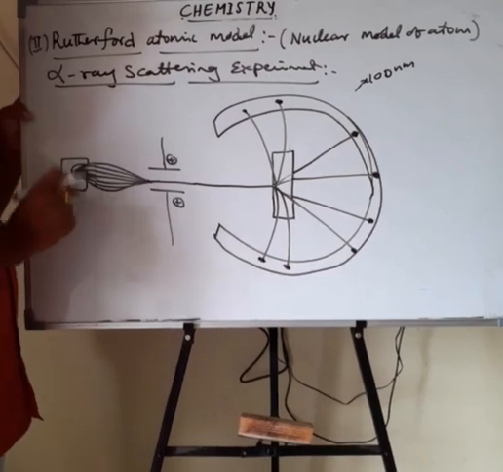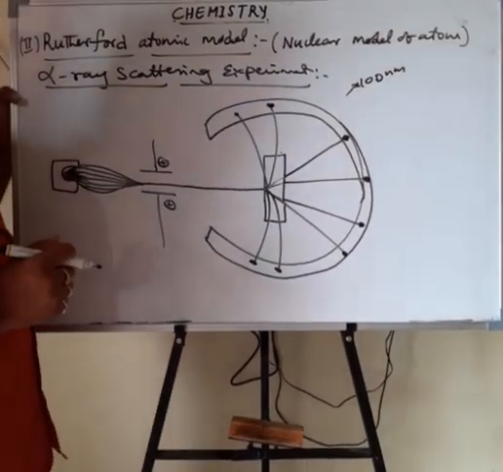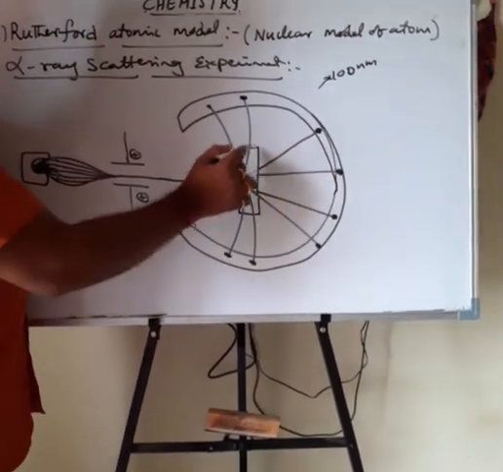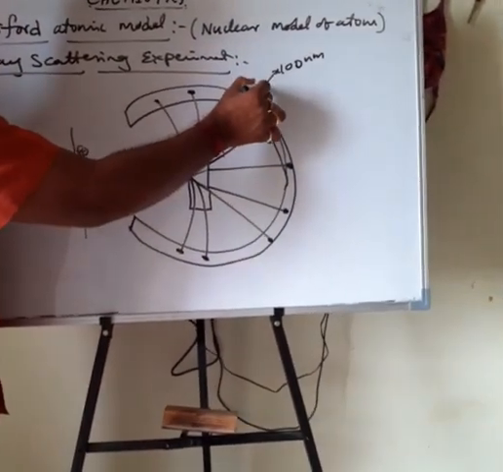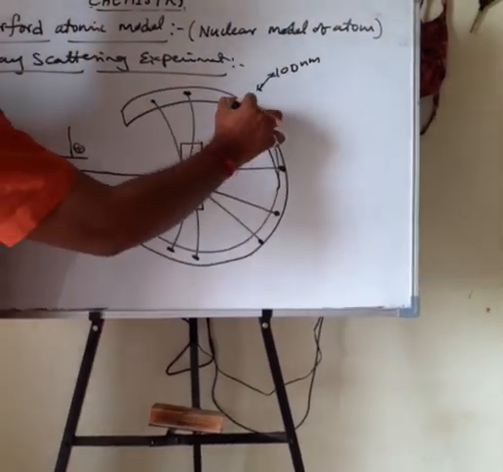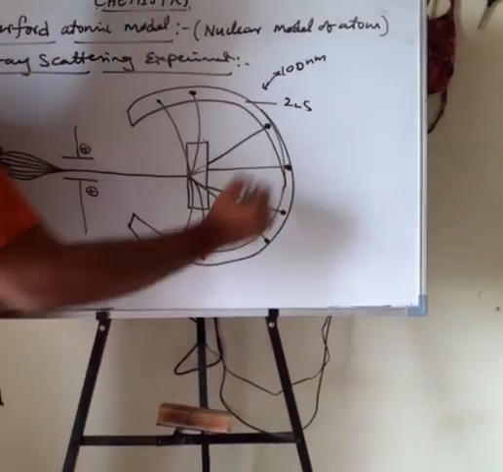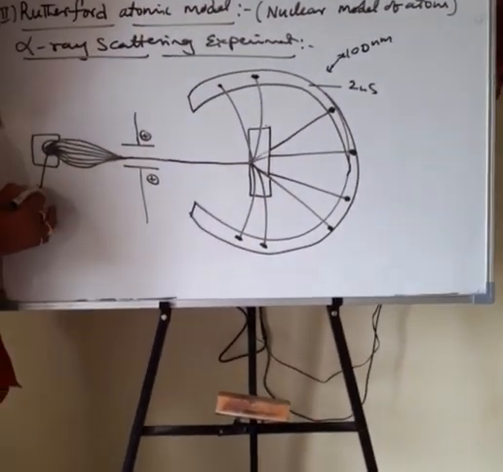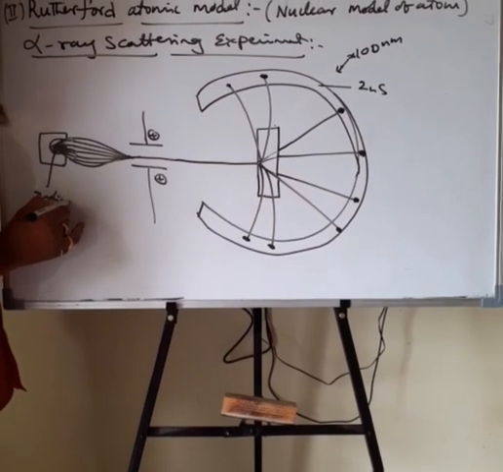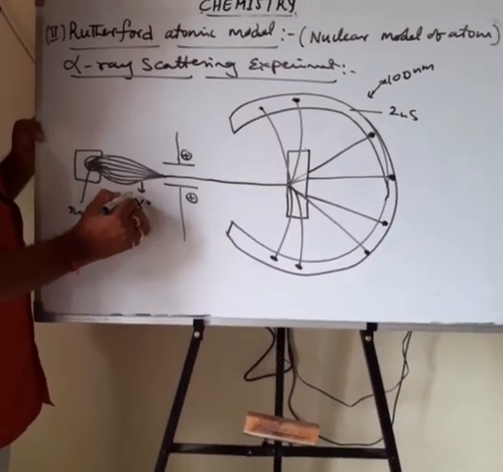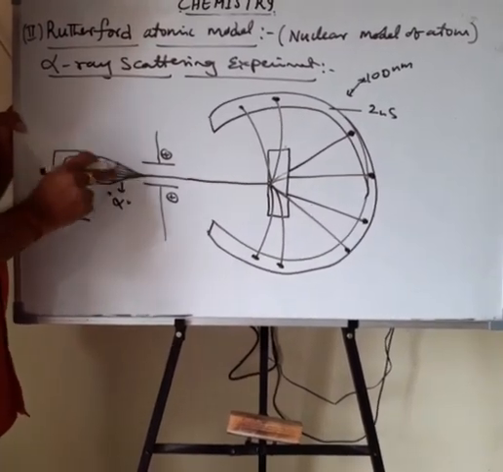Once again, in this alpha ray experiment, Rutherford used the thin gold foil. The thickness of the gold foil is nearly 100 nanometers. It is surrounded by the zinc sulfide screen, which is a fluorescent material. The alpha particles are obtained from the radium element and then accelerated.